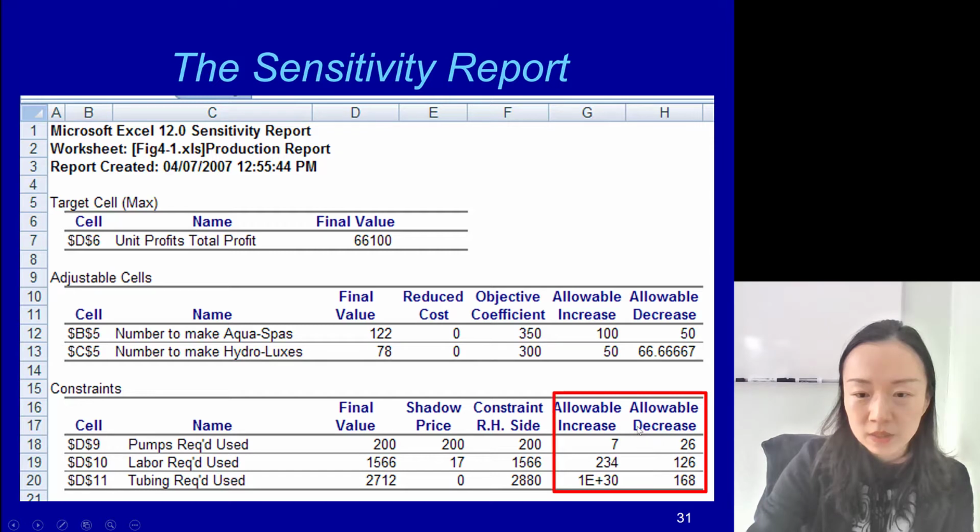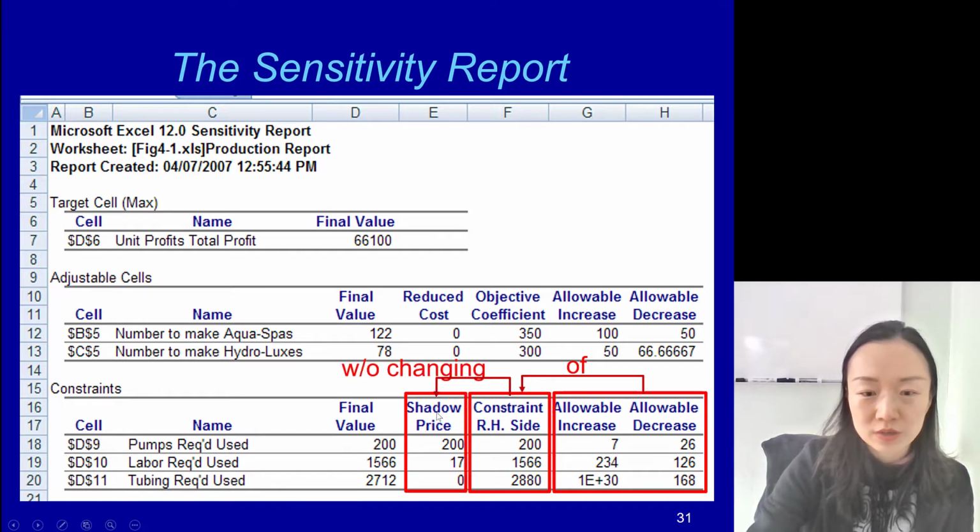What do they mean? These allowable increase and decrease are the allowable increase and decrease of the right-hand side of your constraint in order to make sure that your shadow price holds.